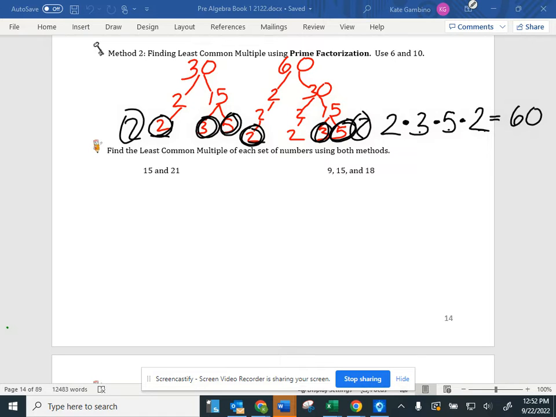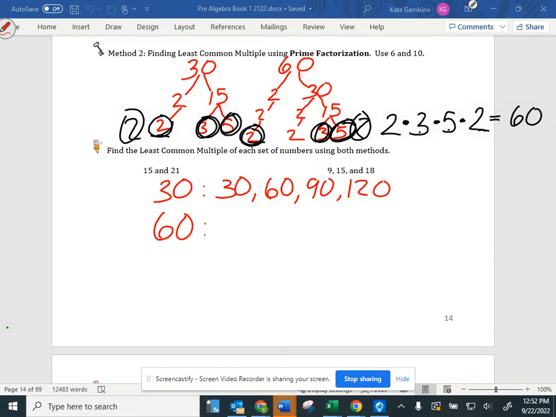So if we were to do the same thing in the other method, and we had 30 and 60, our multiples of 30 are 30 times 1, 30 times 2, 30 times 3, 30 times 4. Let's do our multiples of 60. 60 times 1, 60 times 2, 60 times 3, 60 times 4.